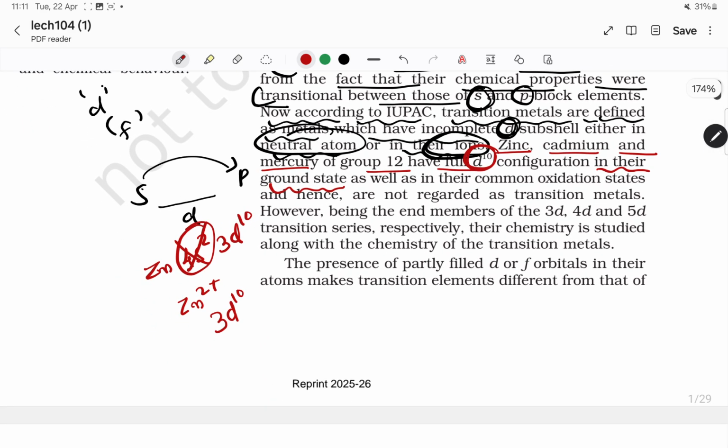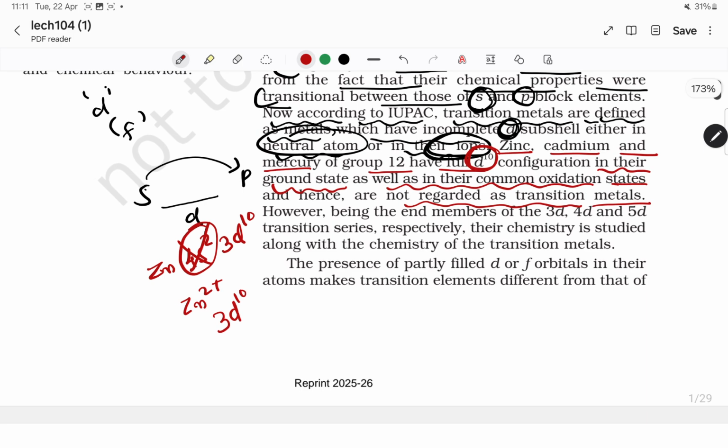So in the ground state as well as in their common oxidation state, they have completely filled d orbitals and are not regarded as transition metals. So which of the following is not considered a transition metal? Zinc family, zinc, cadmium, mercury will not be considered transition metals.